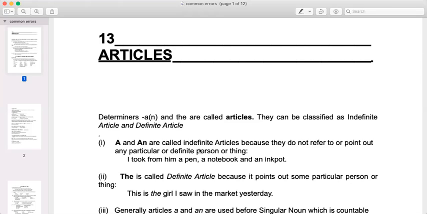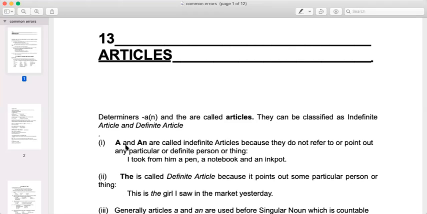Definite articles, also known as specific articles, refer to a particular noun, person or thing. Therefore, the definite article points out some particular person or thing. Now, here are some examples of definite and indefinite articles.